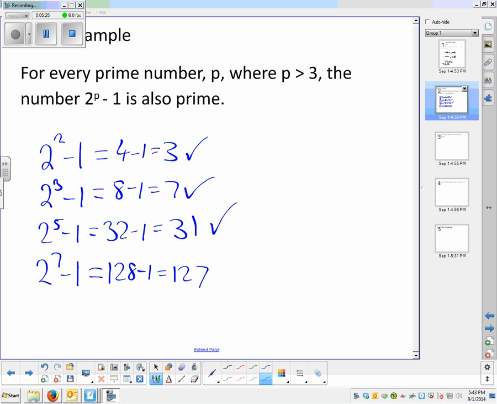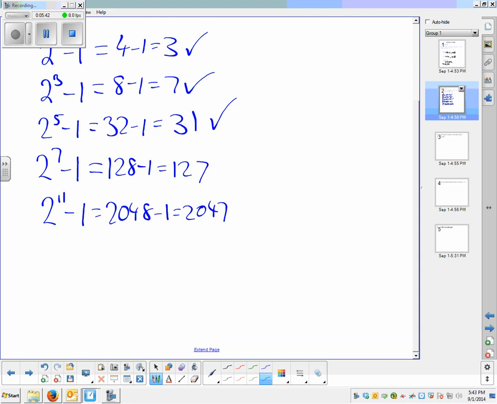And in fact, the next one is 2 to the 11 minus 1, which is 2048 minus 1, 2047, which is not prime. 2047 is equal to 23 times 89.